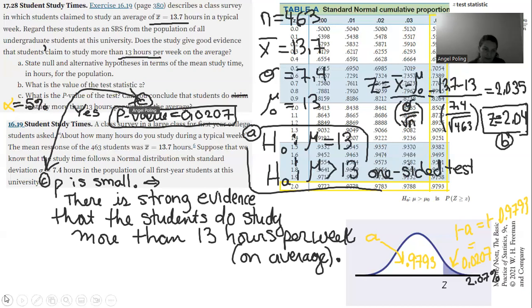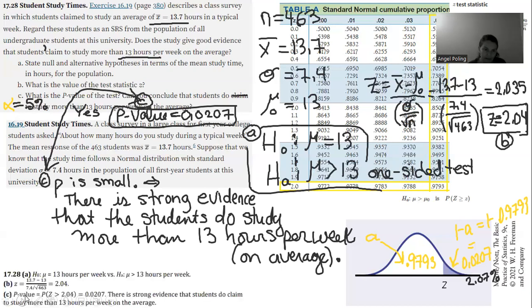Okay, let's take a look at how the book worded it. So the book says they got the same tests that we wrote. The only thing I didn't write that they have here is units, which is important, right? And it might be worth points on the test.